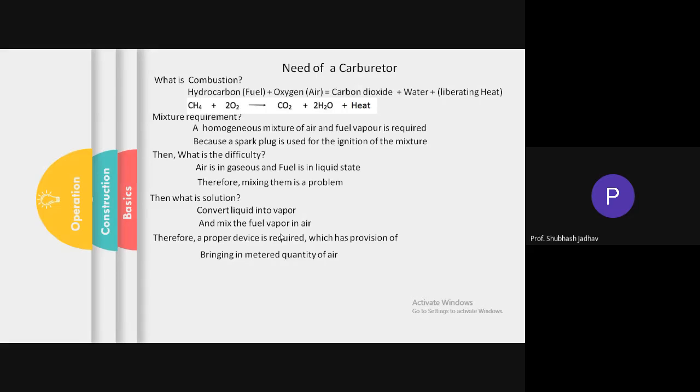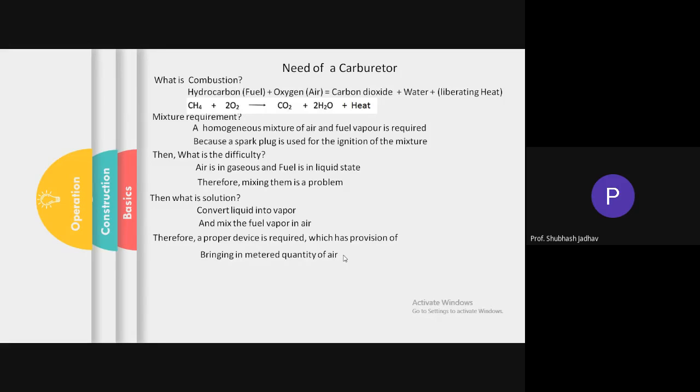Okay, so a proper device has to be there. And what is the function of that particular device? Bring in metered quantity of air, measured quantity of air. It has to ensure that it measures some quantity, because we want to ensure that the air fuel ratio is proper. And that is where we are saying we can bring some metered quantity of air into the system.